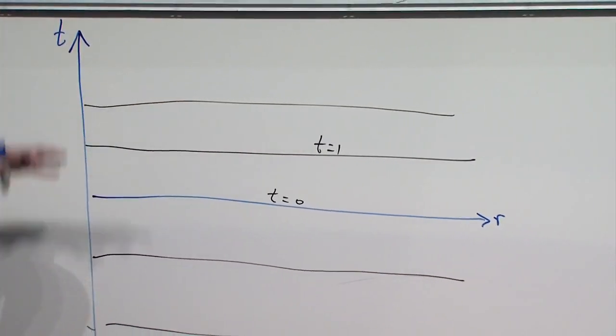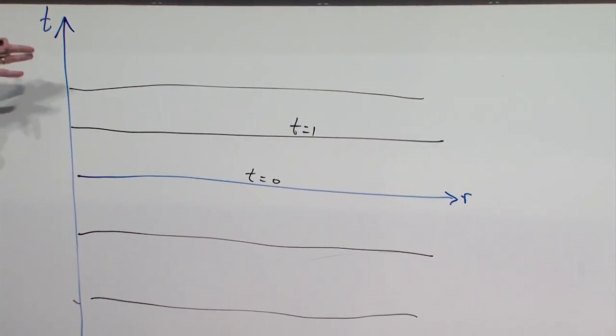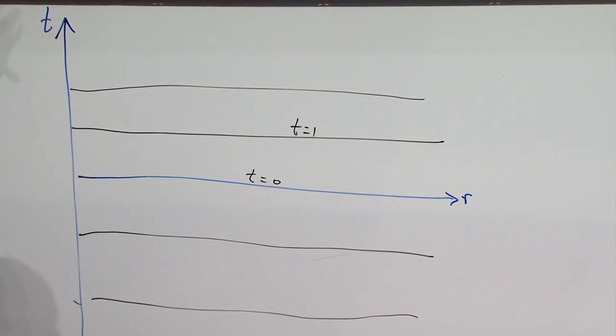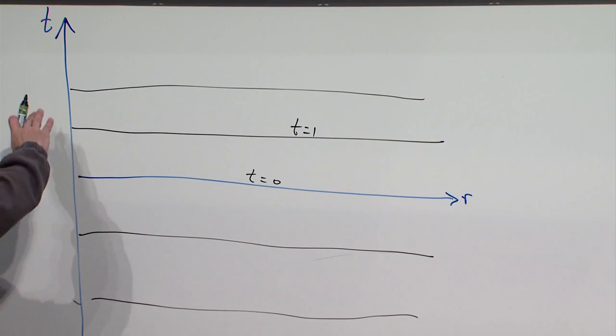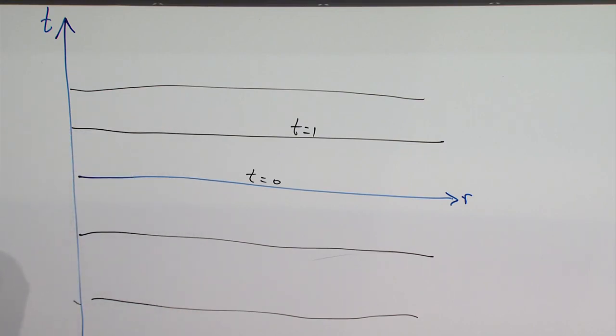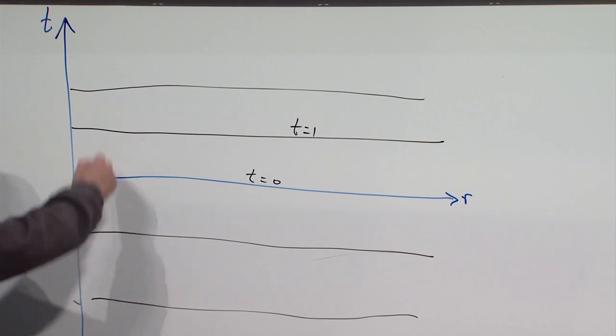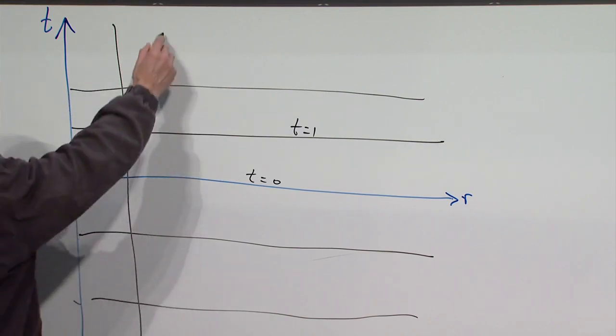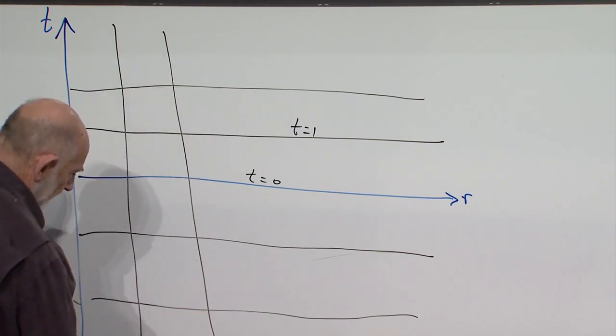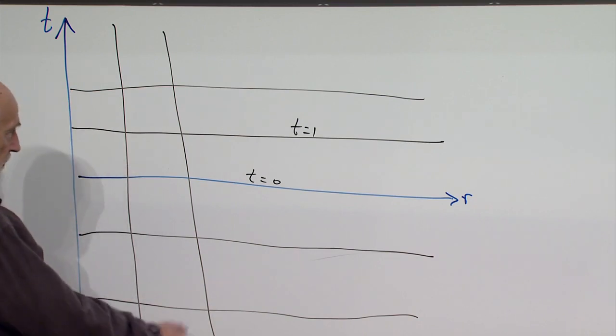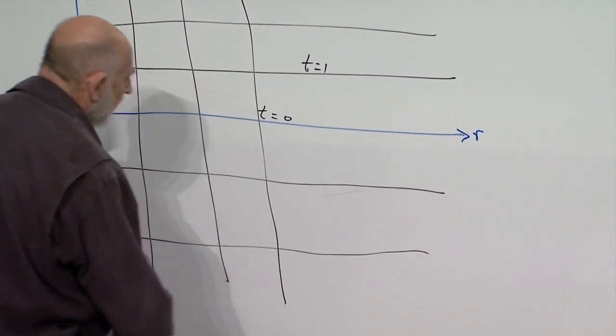And if I wanted to draw the entire set of possible times, it would take me up to heaven and down to hell. Okay, so this is all possible times. And we could also plot all possible radial distances, and the radial distances would just look like this. This would be r equals 1, r equals 2, r equals 3.